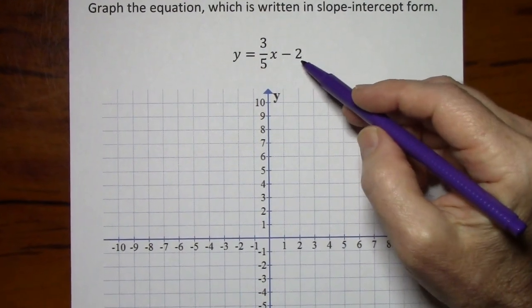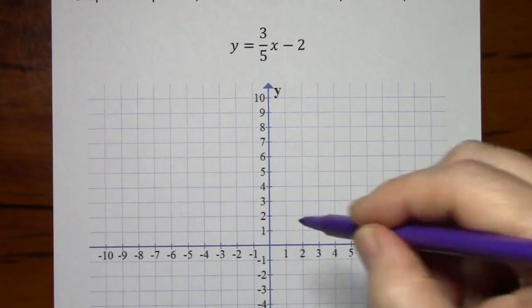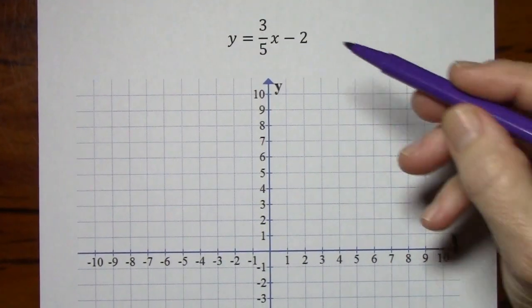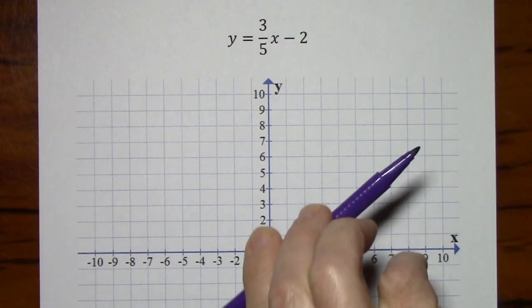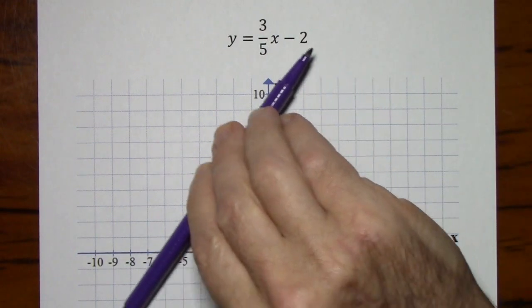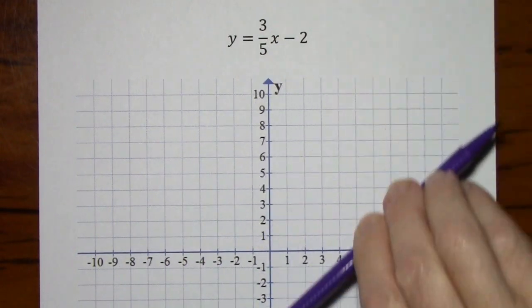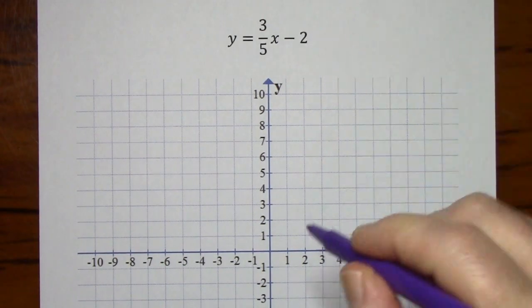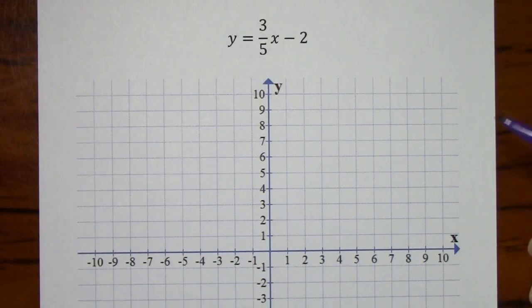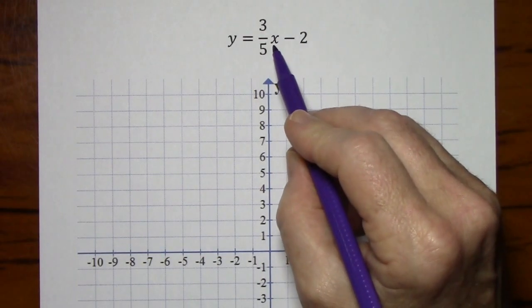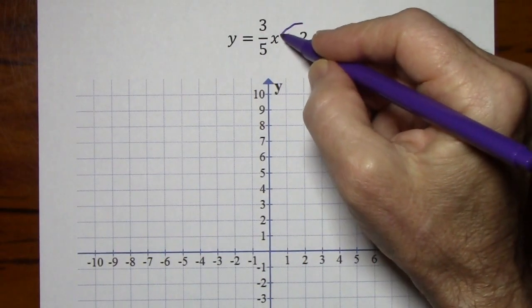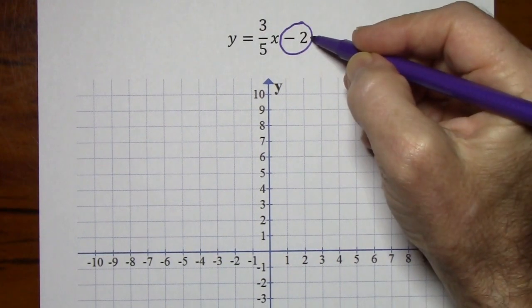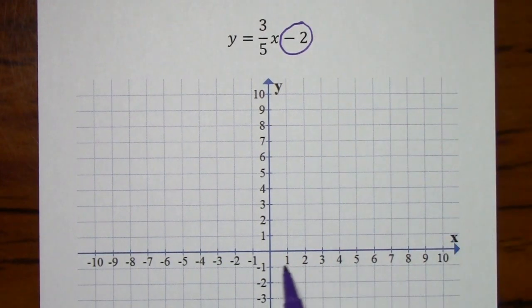You start with the y-intercept because you have to get on the graph. Knowing the slope tells you the angle of the line, but you don't know where the line is. If you know the y-intercept, you can actually get onto the graph. So when x is 0, y is negative 2.